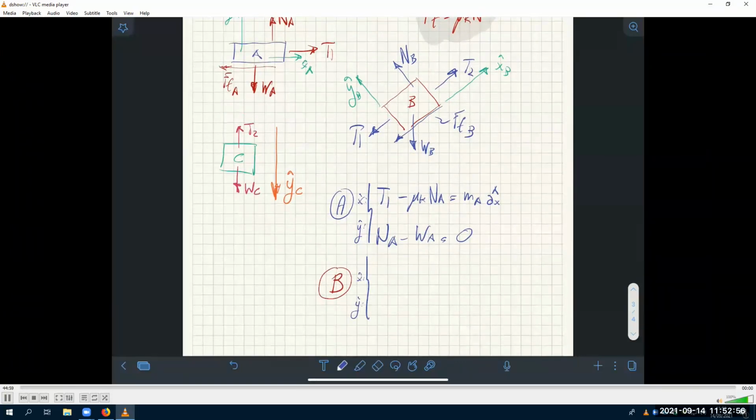T2 minus T1. What else? Minus the friction force, which is minus mu k times the normal force on B. Agreed? Good. That's it? No. What's left? WB. All WB? No. So how do we do that?